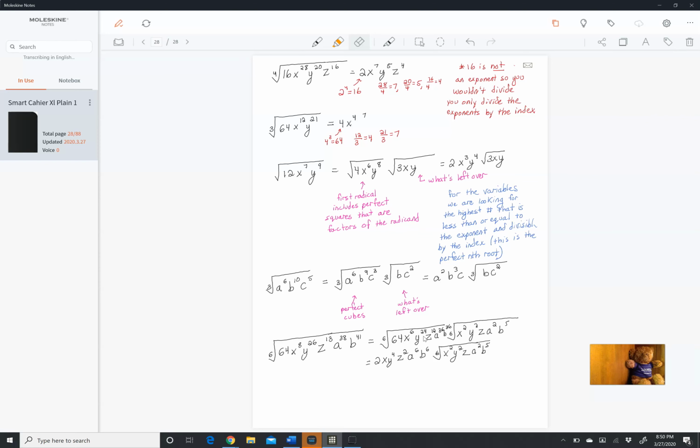Let's take another one. I'll move to the next page. Let's do a 5th root.